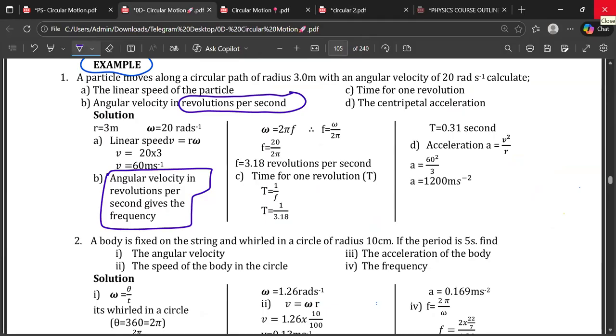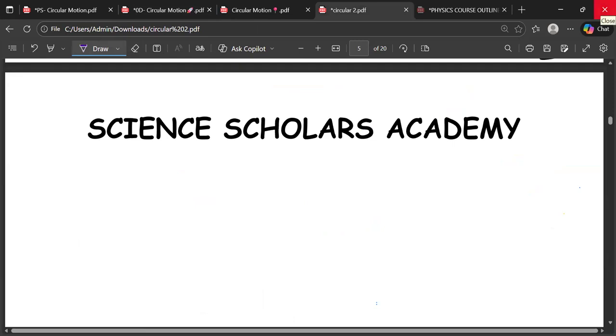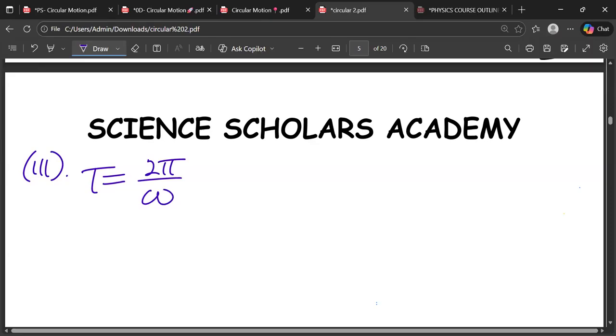Time for 1 revolution, that is T. Time for 1 revolution, that is periodic time. So since you have frequency, but this is what I advise. Since the frequency is rounded off, don't use it. Use this formula, 2 pi over omega, because you still have the omega untampered with in the question. So this one is a better formula, other than using 1 over f, which f you have rounded off. It is okay, but I'm just giving you the best advice.